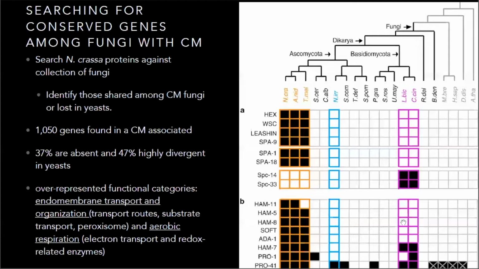The proteins involved in blocking those pores in Pezizomycotina ascomycetes are proteins like Hex, Lectin and Whisk. There's a different set of proteins involved in that pore in basidiomycetes here. So these are independent origins of that technology, or that innovation.